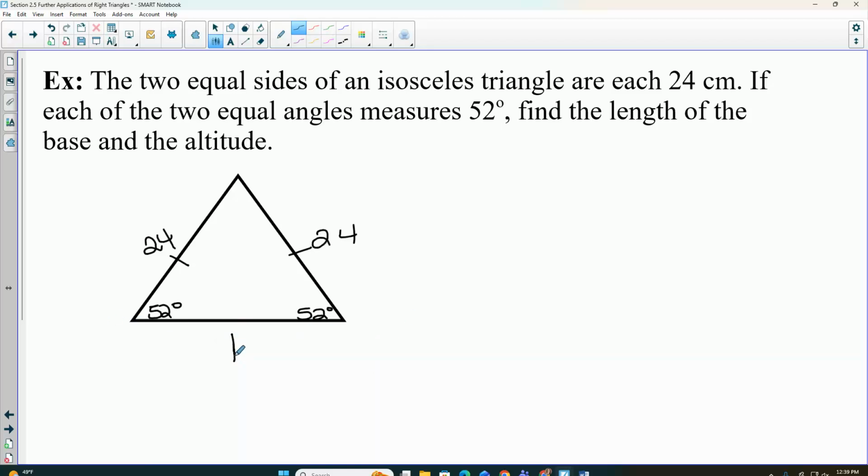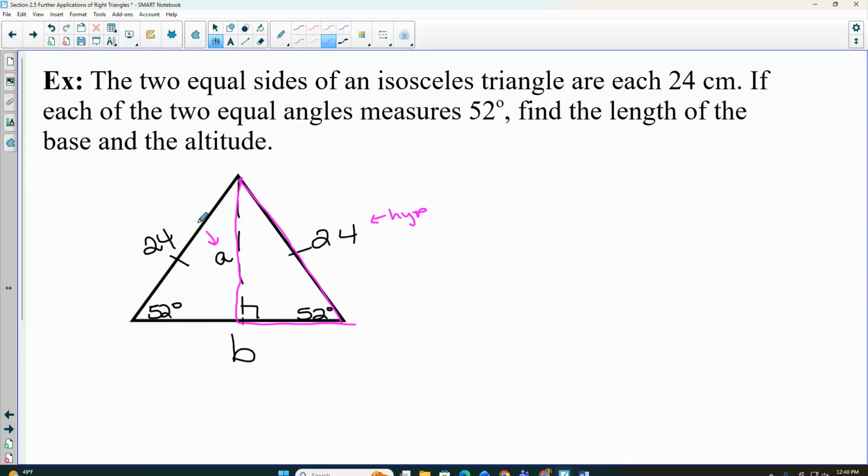The base is the bottom, so I'm just going to call that B. What's the altitude? The height. Okay, so I'm going to call that A. What kind of angle does that form with the ground? So, the whole thing isn't a right triangle. But if I just look right here, this is. Can we find A? So, 24 is across from the right angle, that's the hypotenuse.